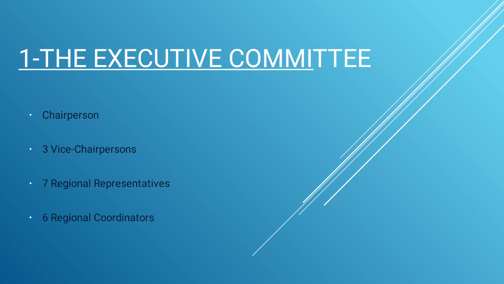Under the executive committee, we have 4 points, which include a few important persons to control the committee. The first one is the chairperson, followed by 3 vice chairpersons, 7 regional representatives and 6 regional coordinators.